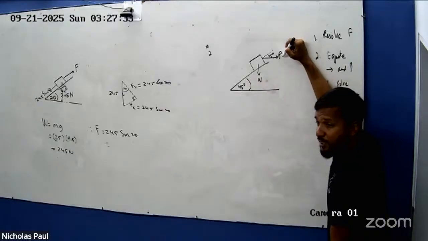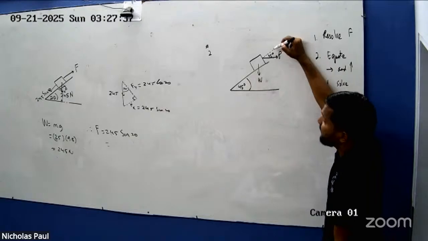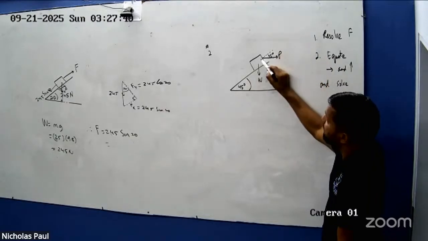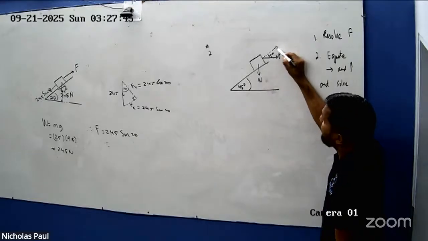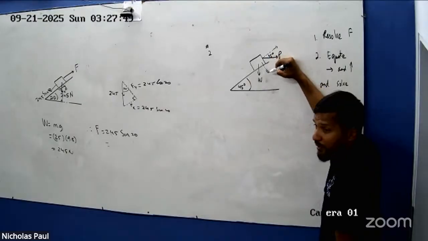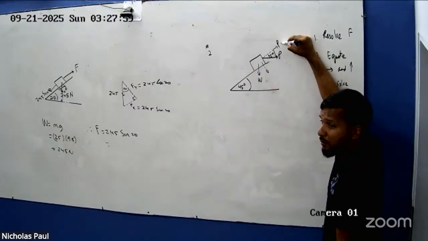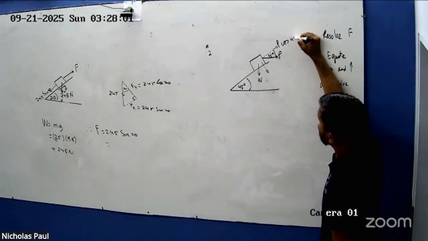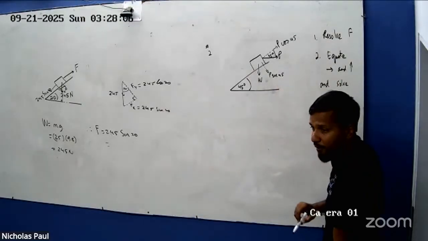I want to resolve P. If I resolve P, it will be where? It'll be up here and down. Very good. So here is cosine or sine? The angle is here, so here will be P cosine 45, and here will be P sine 45.